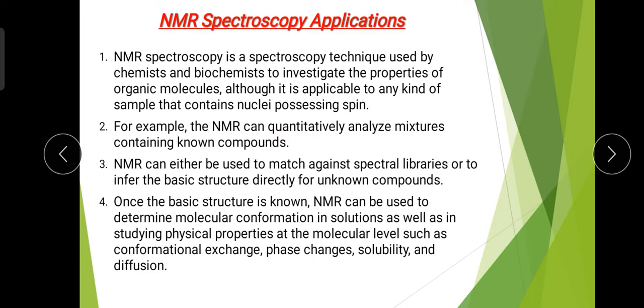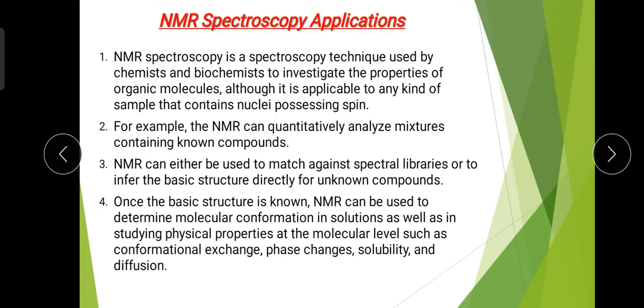NMR spectroscopy applications. So the first application: NMR spectroscopy is a spectroscopy technique used by chemists and biochemists to investigate the properties of organic molecules, although it is applicable to any kind of sample that contains nuclei possessing spin.